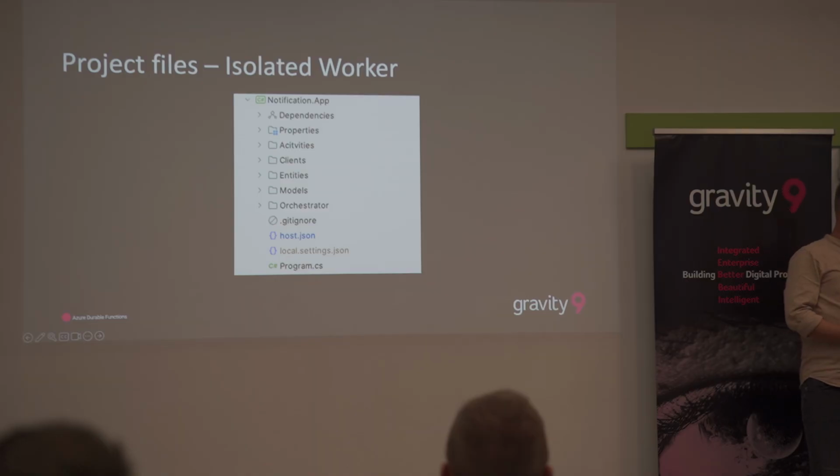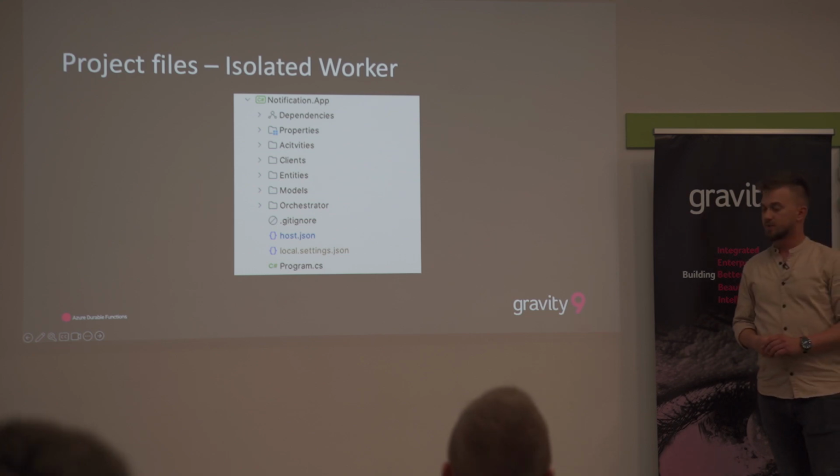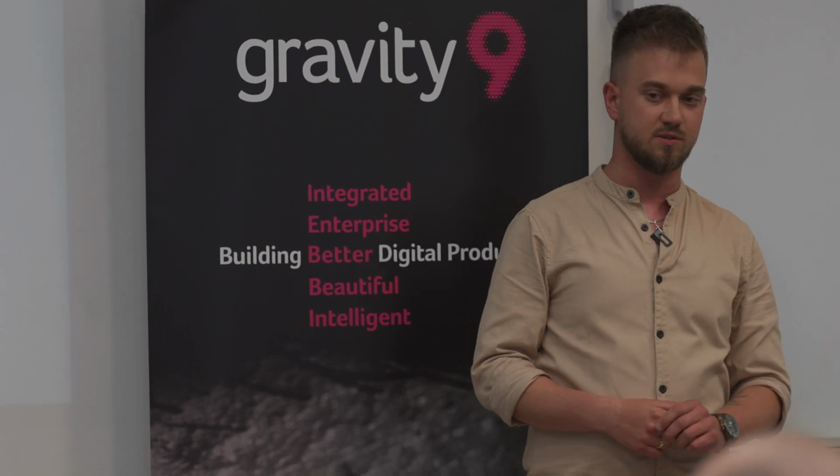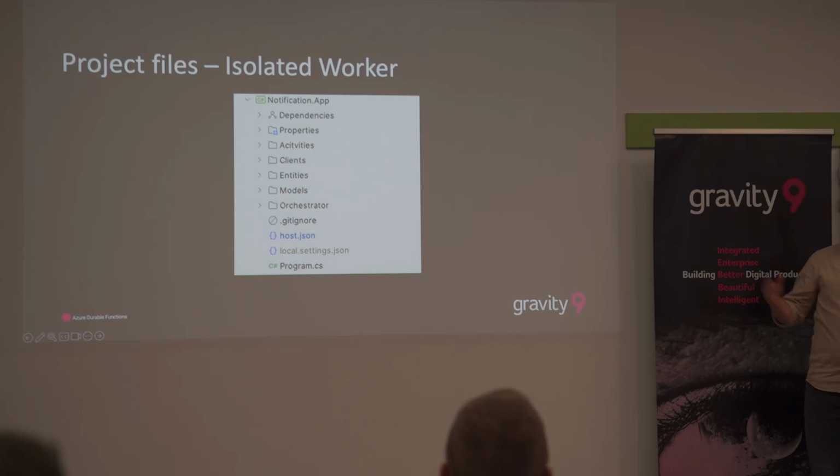What is also important, the isolated worker is something that Microsoft is encouraging people to use, as they are going to sunset the in-process worker probably this year or maybe next year. I'm not 100% sure. So eventually, this is what you're going to do: work on the isolated process.